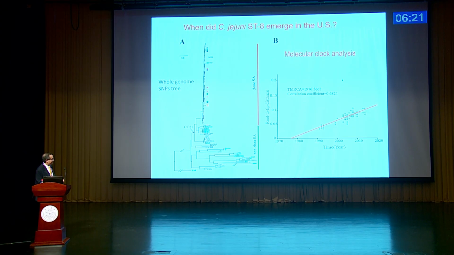Molecular analysis predicted its emergence around 1976, about 50 or so years ago. This prediction is very close to the epidemiological observation of the early 80s. So the prediction and the epidemiological observation both tell us this is a recent, very young clone.